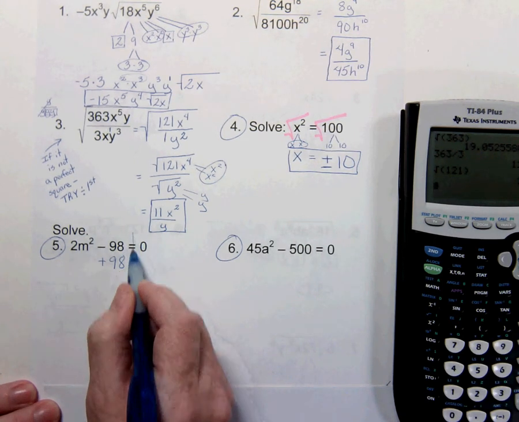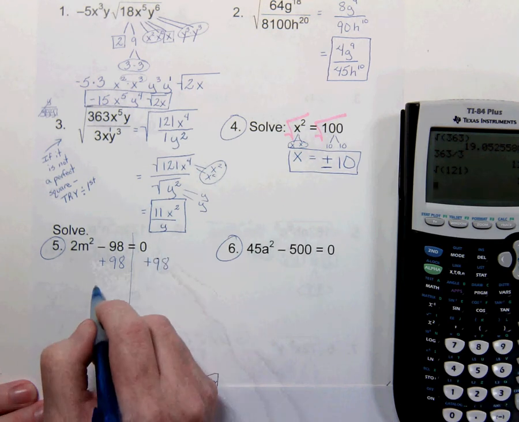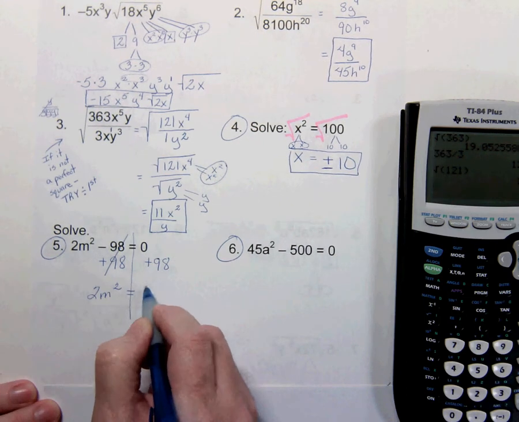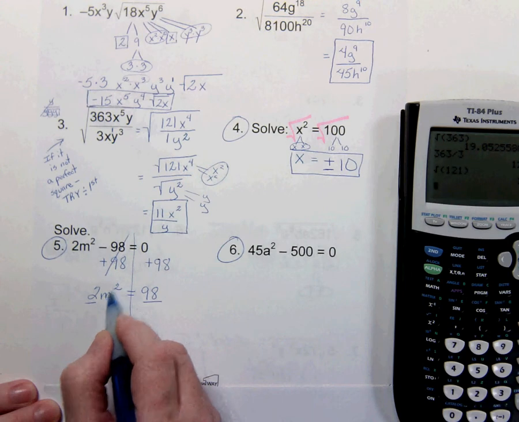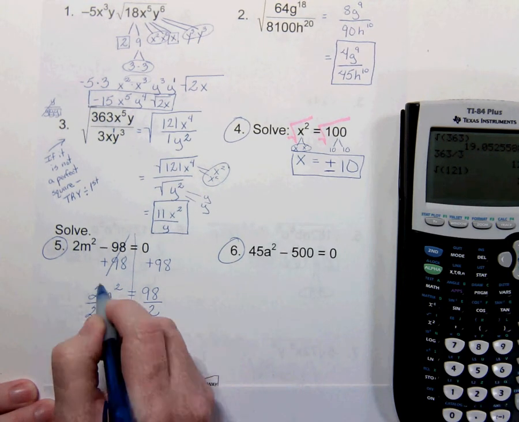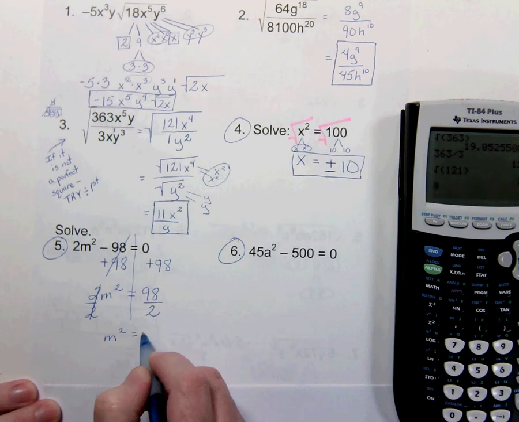Whatever I do to one side, I'm going to do to the other side too, so you have 2m squared equal to 98. You want to get your m squared isolated, so you're going to divide by 2. So the 2 goes away to 1, and m squared is equal to 49.